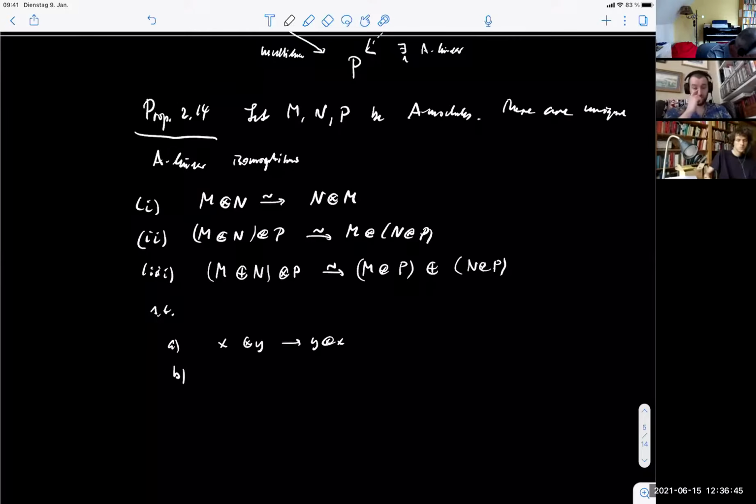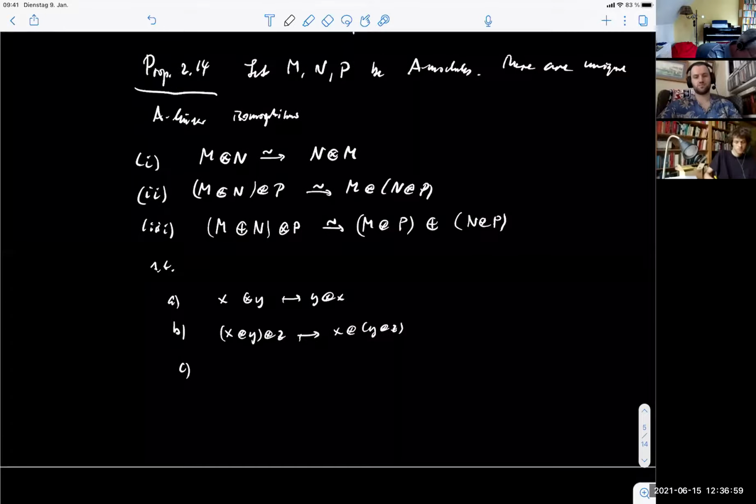The second map should have this property. It's completely obvious what you want to have. Instead of direct sum, maybe I write the pair, that's why he defined the external direct sum. (x, y) tensor z should map here.